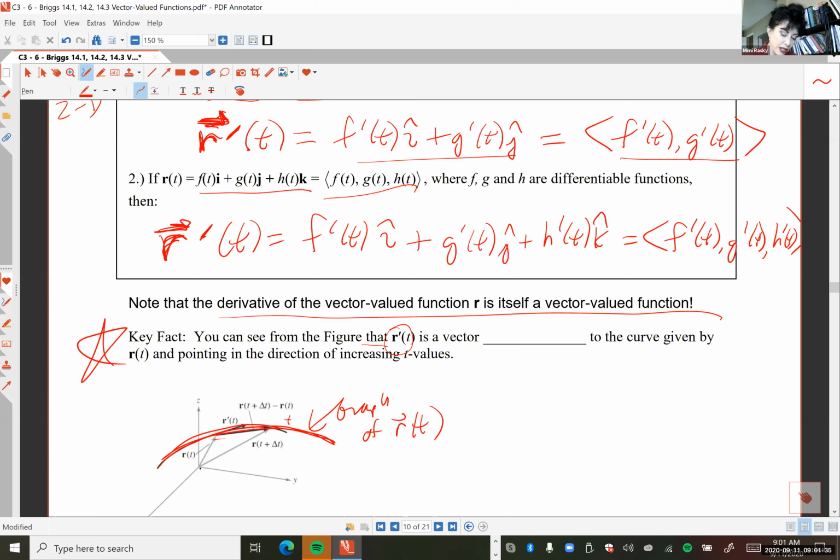The derivative R prime, which itself is a vector, let's say you're finding R prime right at that point. It's going to be a vector tangent to the curve. This is key. Know this.